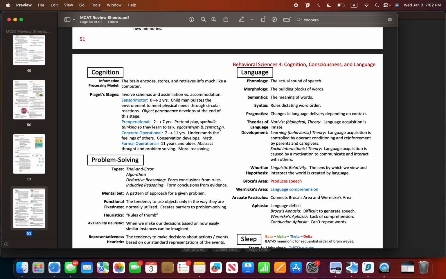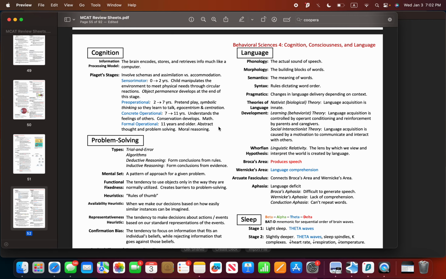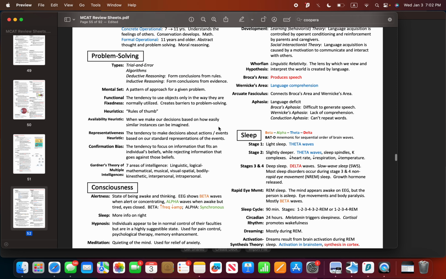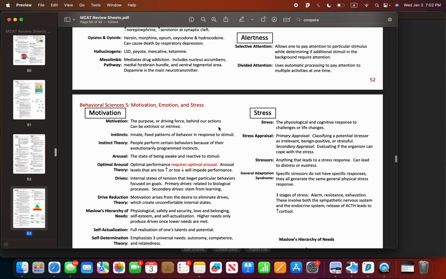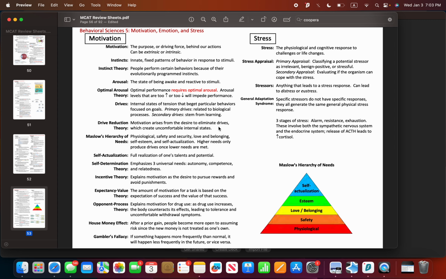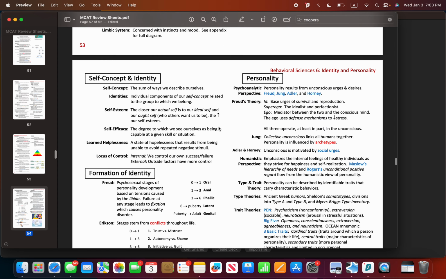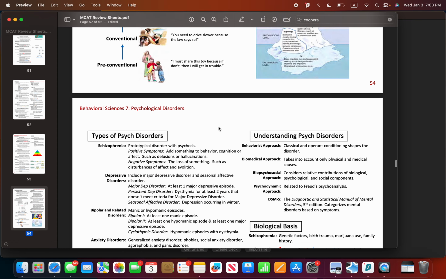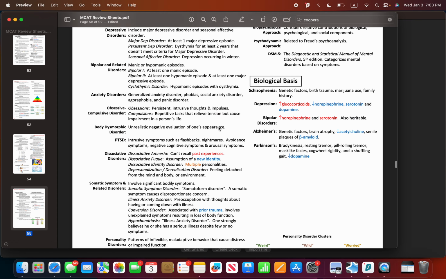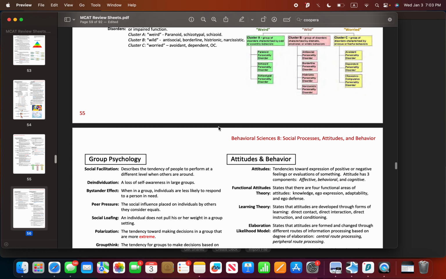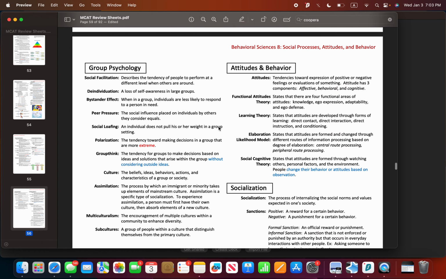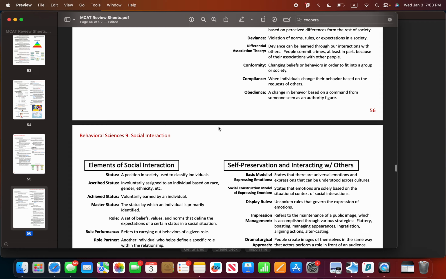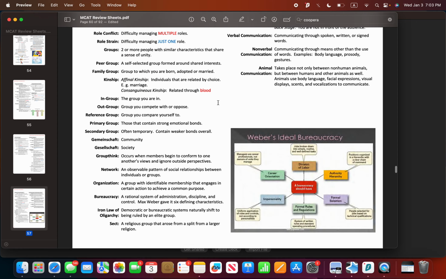We have all these. We have cognition, consciousness, and language. We have motivation, emotion, and stress. We have identity and personality. We have psychological disorders. We have social processes, attitudes, and behavior. We have social interaction.